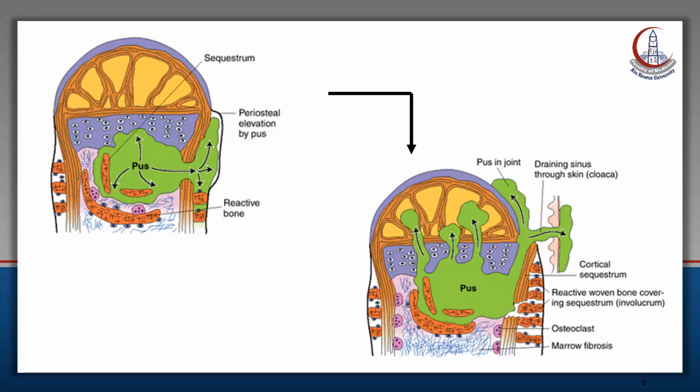The viable reactive woven bone covering the sequestrum is called the involucrum. So the sequestrum, meaning the dead or avascular piece of bone, is surrounded by the involucrum, a reactive woven bone covering the sequestrum.